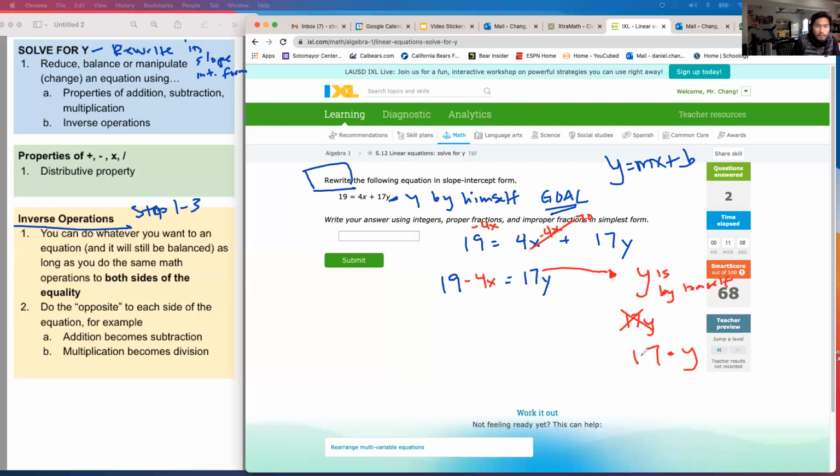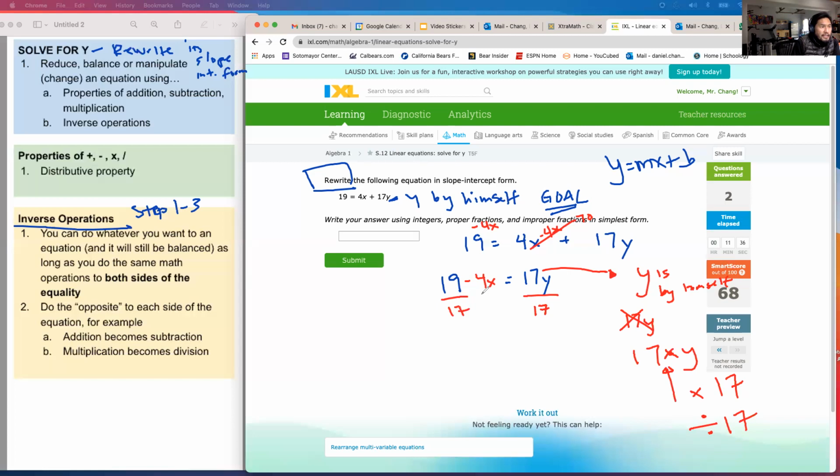And so the way that I can get y by himself is to do an inverse operation on this times 17. I used the dot here. I could have used an x. And the inverse operation of multiplying by 17, the opposite of it, is to divide by 17. So now I'm going to divide both sides of this equation by 17.